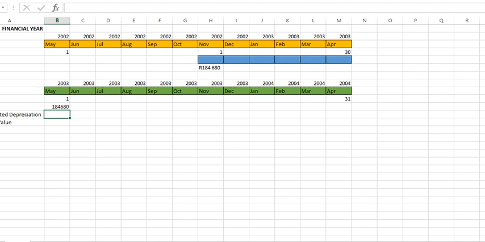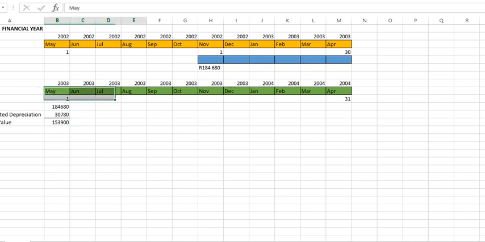So we only have accumulated depreciation from the previous year, and that was 30,780. So our carrying value as at the beginning of the year is cost price less accumulated depreciation, which will then be 153,900. So it's 153,900 rand.